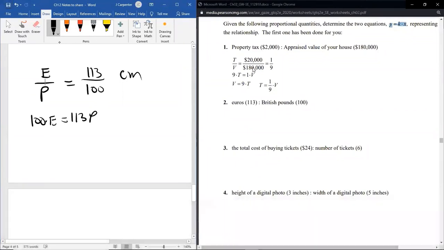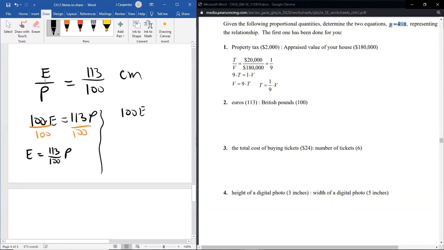That means you'd prefer to solve for E, you divide both sides by 100, which would give you E equals 113 over 100 P. Or you could do it this way.